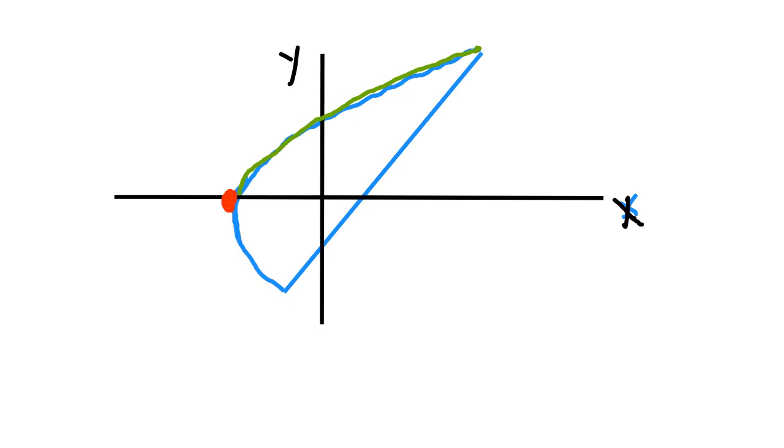But on the bottom, the function changes from the bottom part of the paraboloid to the line.